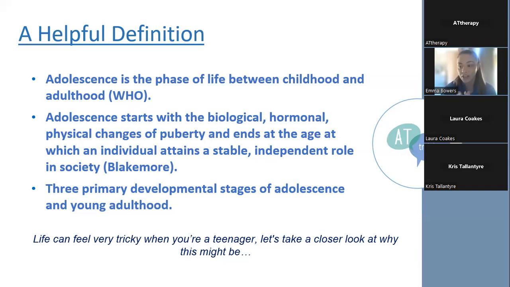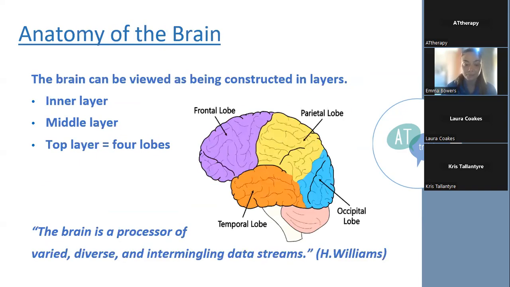And again, researchers have stated that there's three primary developmental stages of adolescence and young adulthood, that being early, middle, and late. Now, when you are a teenager and you're going through those stages of adolescence, life can feel really, really tricky. So let's look at why this might be.